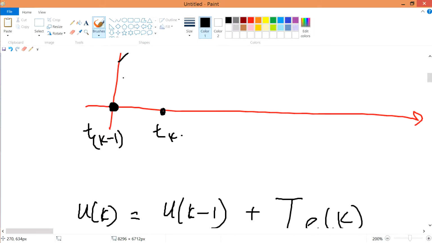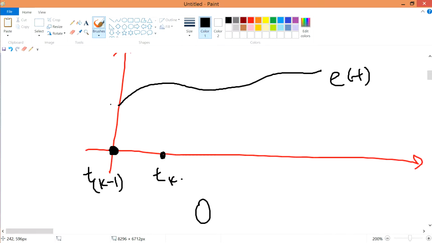We have just started out trying to plot this curve. So this is the starting point, and we have no previous information.